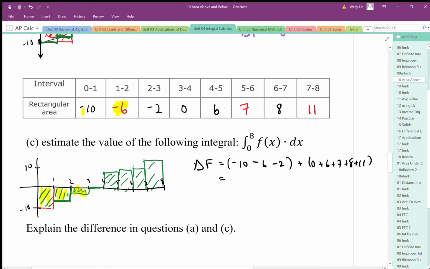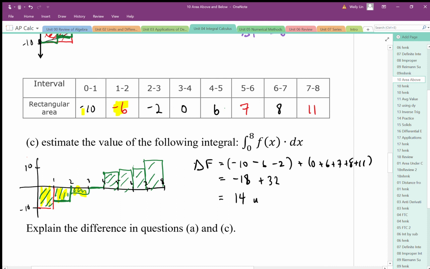Okay, so I end up with negative 18 plus, that works out to be 21, I'm getting 32. Let me just double count that. 13, 21, 32. Yeah, 32. Okay, so then the net displacement works out to be 14 units.